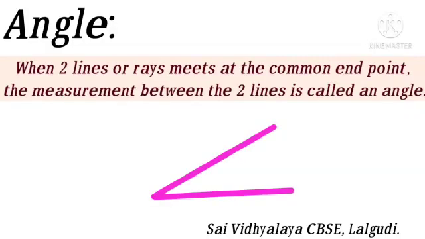Here, these two lines meet at this common point. So, the measurement between these two lines is called an angle. These two lines are called arms and the common point is called vertex.